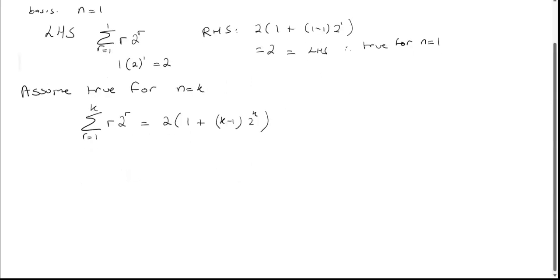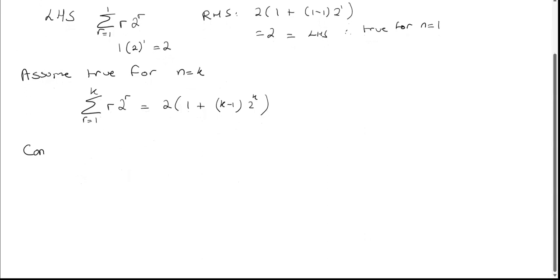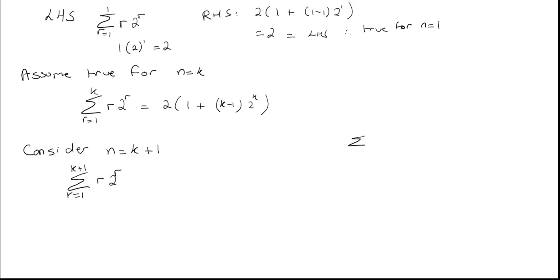Step 3, let's consider n equals k plus 1. Okay, so generally it's a good idea when we're doing this inductive step to know what you're looking for in your answer. So we're going to be doing the sum from r equals 1 up until k plus 1 of r 2 to the power r.